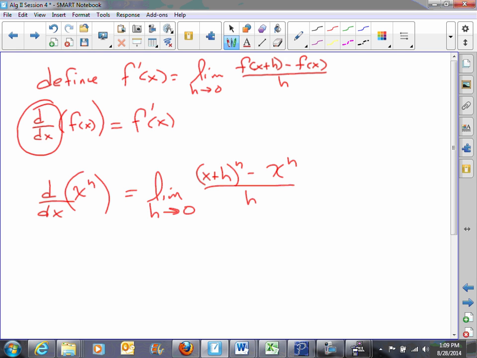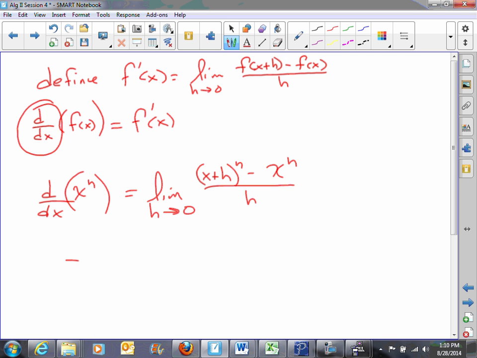Now, in your homework, you're going to be finding the derivative of some polynomial functions using the definition of the derivative and so forth. But let's just take a look at what this would look like if we don't know what power n is.